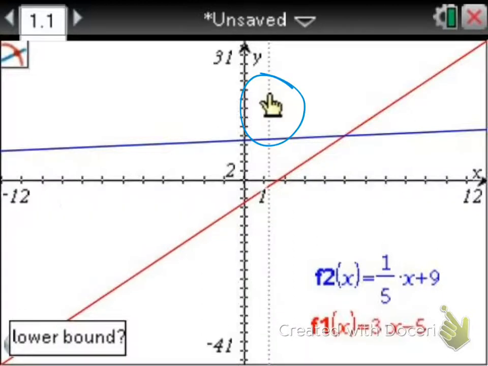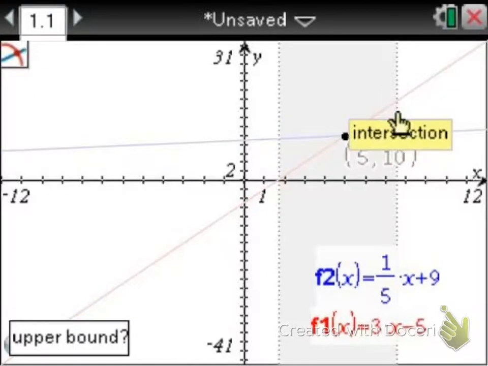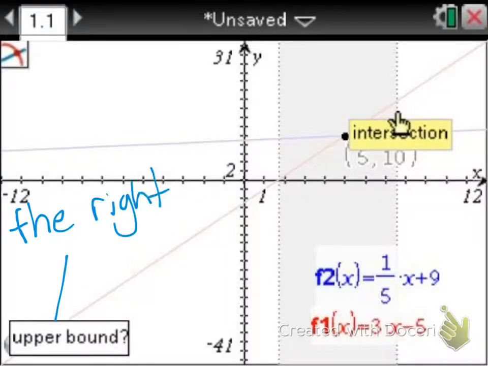Next, after I press enter, it says upper bound. Upper bound means the right of the intersection.